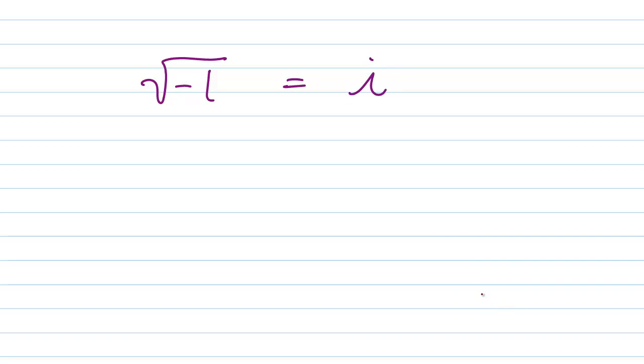It seems like there's a couple of problems or glitches along the lines of that proof. First of all, when we talk about the square root of -1, that can be either i, the unit imaginary number, or -i, the negative of i.